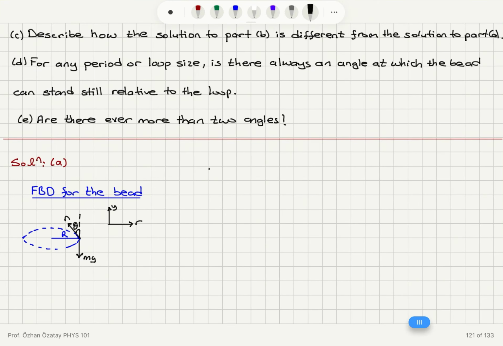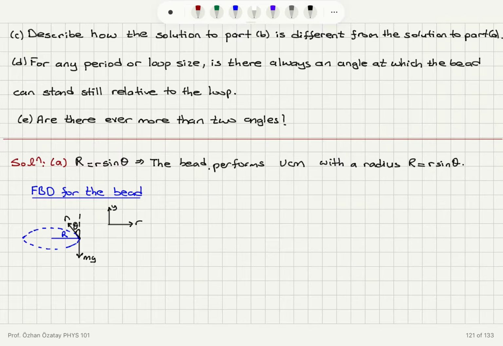So my first observation is that capital R is equal to R sine theta. The bead performs basically a uniform circular motion with a radius capital R equals R sine theta.